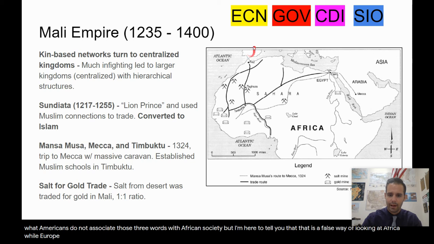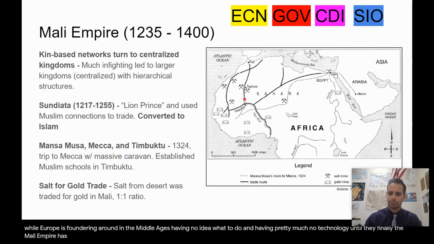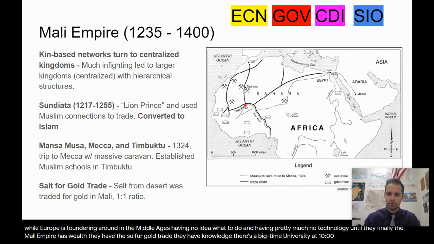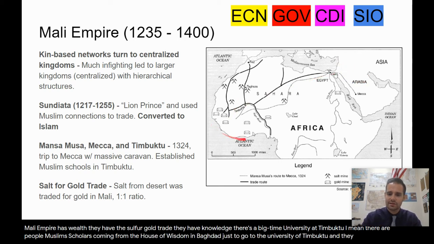While Europe is floundering around in the Middle Ages, having no idea what to do and having pretty much no technology until they finally decide to engage in the Crusades, the Mali Empire has wealth. They have the salt for gold trade. They have knowledge. There's a big time university at Timbuktu. There are Muslim scholars coming from the House of Wisdom in Baghdad just to go to the University of Timbuktu, and they have the centralization.